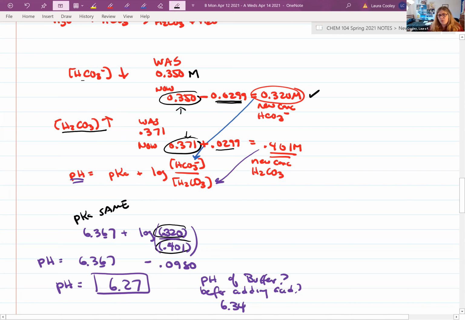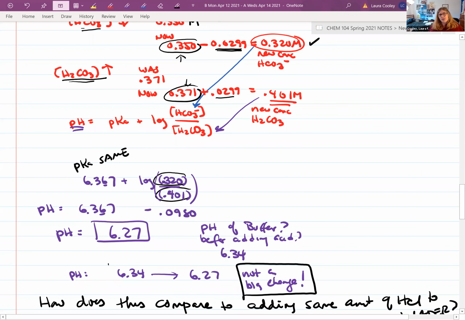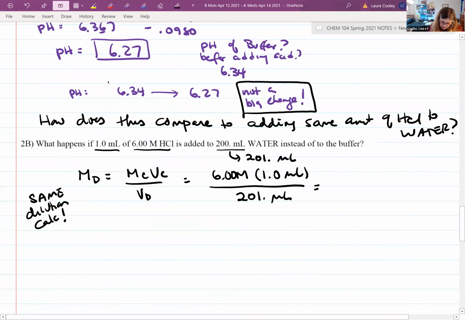But whenever I give one of these problems, I always give a very small volume of a strong acid so that it really doesn't change the overall volume very much, so that I can leave these initial concentrations of HCO3 minus the same. I don't have to adjust them. If you look on the internet, I'm sure you'll find much more complicated equations about how you now have to readjust those initial values, but I'm not going to do that in this class.